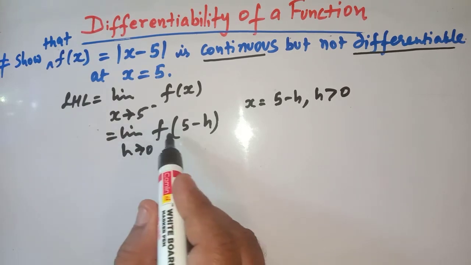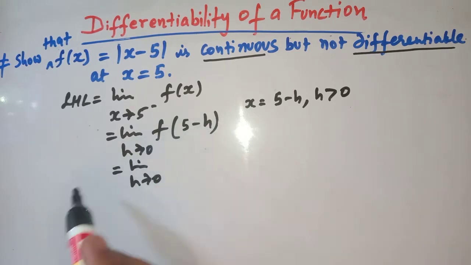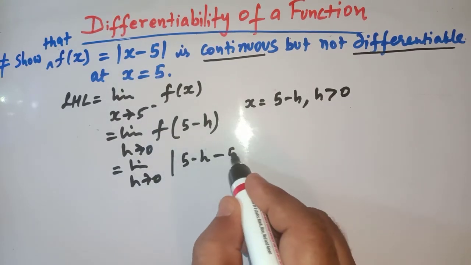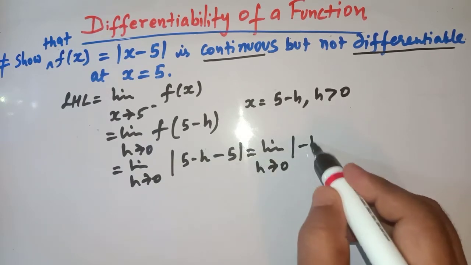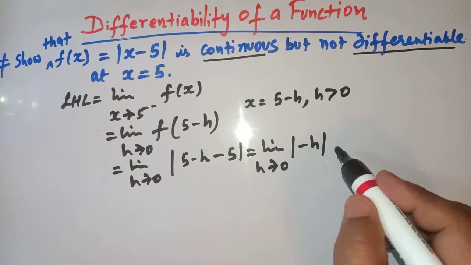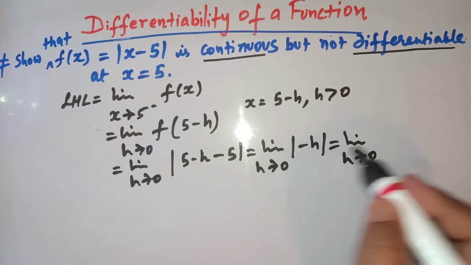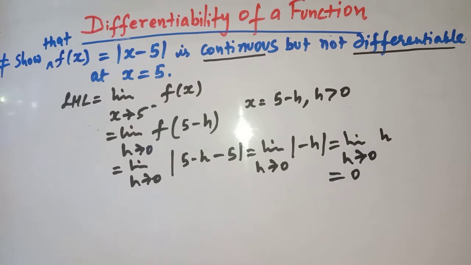So here limit h tends to 0 of f of 5 minus h is mod of 5 minus h minus 5, which is limit h tends to 0 of mod of minus h, which is limit h tends to 0 of h, and we have 0. Clear?